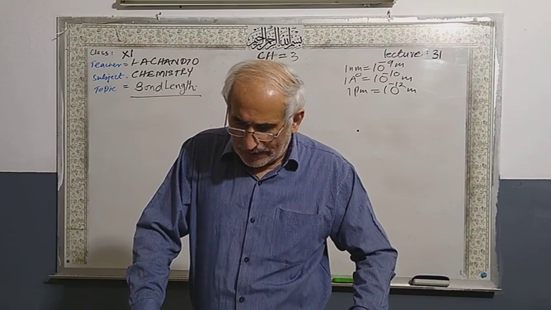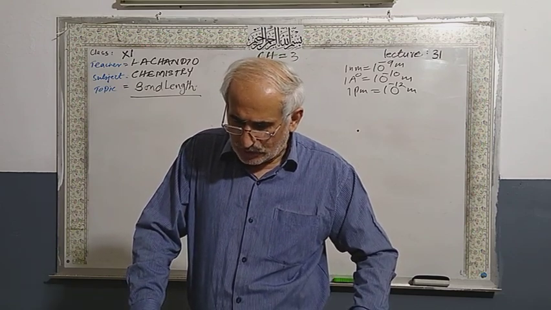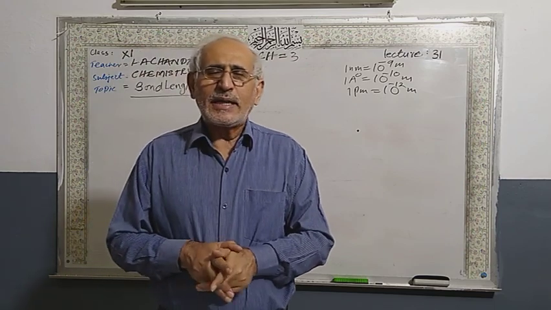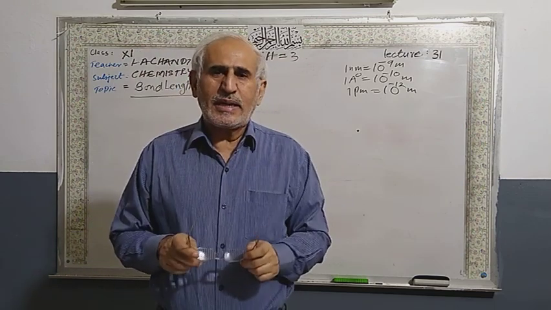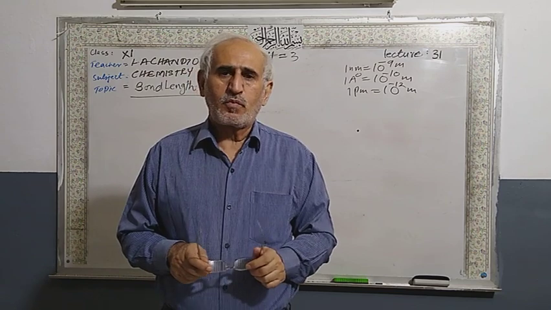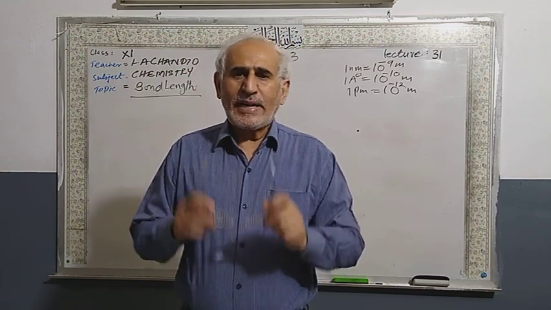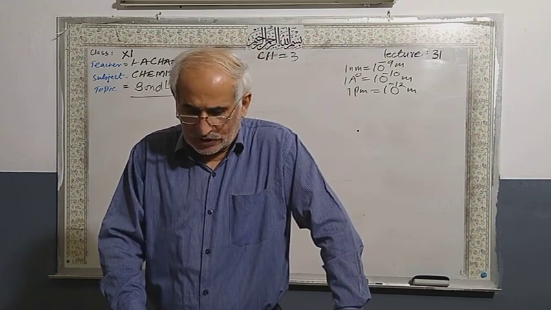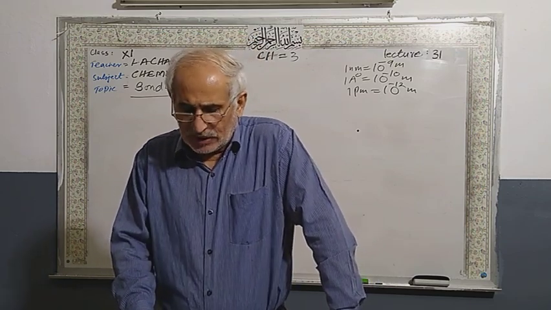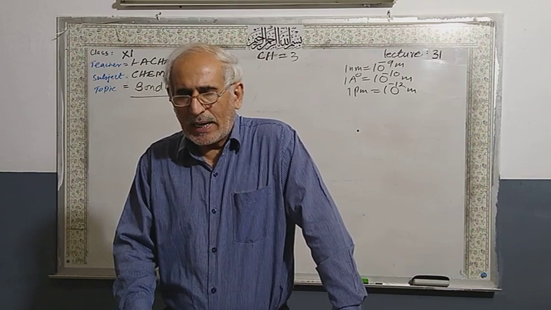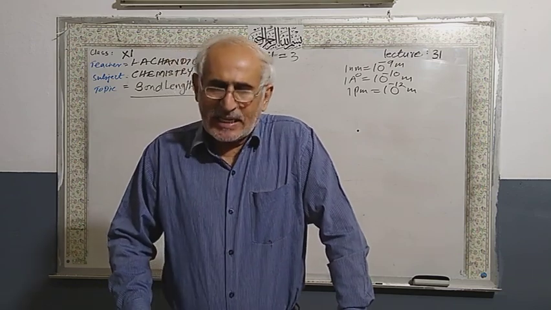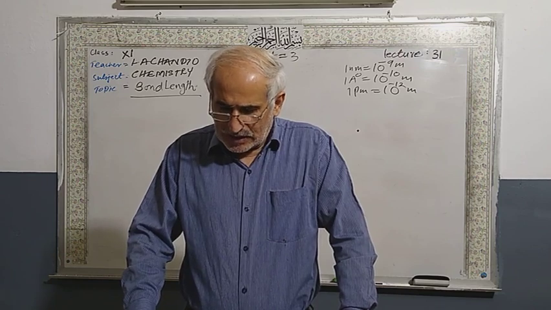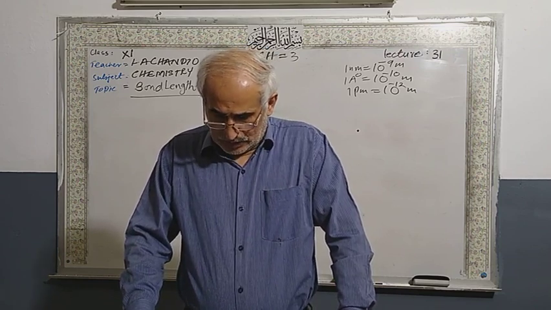1/2 of the bond length between the two nuclei of similar atoms joined by a single covalent bond is called the covalent radius. Covalent radii means 1/2 of the bond length between the nuclei of two similar atoms joined by a single covalent bond is called the covalent radius of an atom.